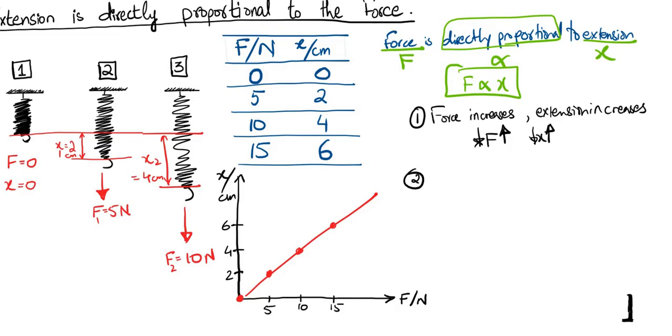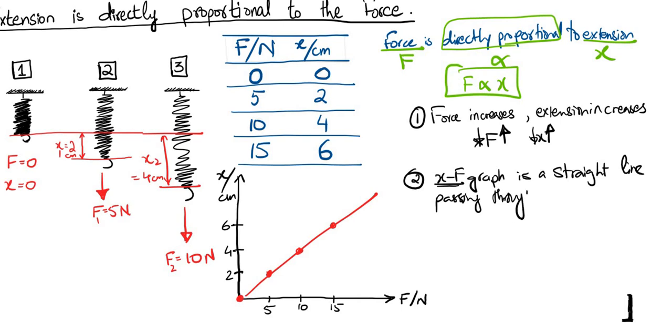एक और मतलब होता है directly proportional का, that the force extension graph, और इस केस में extension force graph जो हमने draw किया था, extension on y-axis, force on x-axis, extension force graph or extension load graph or force extension graph is a straight line passing through the origin.